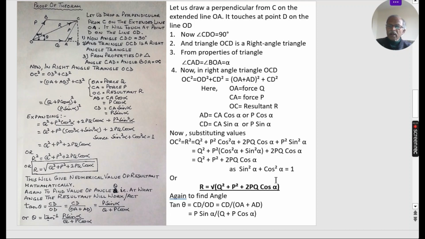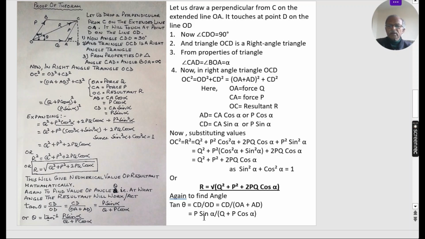This is the analytical way, and we have to find out the angle. Let us say this hypotenuse or the line OC makes an angle theta with OA or OD, that is force Q. So this resultant is making an angle of theta with the force Q. So here also, tan theta is nothing but CD upon OD, and OD is again OA plus AD.